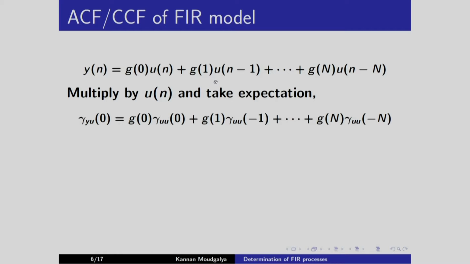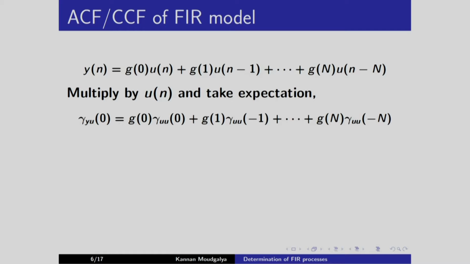Now I have chosen it in a particular way so that you get minus 1, minus 2 and so on all the way up to minus n, but notice that because it is gamma uu, it is ACF, you can have either minus sign or plus sign, it does not matter, but I have written it in this particular way so that it is easy to remember.